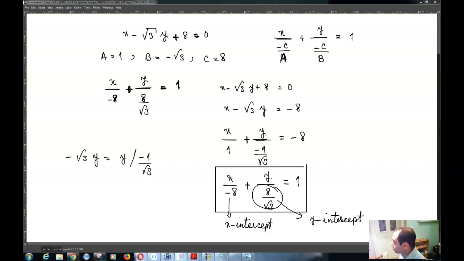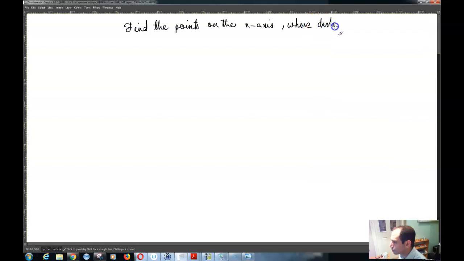Let me create a new layer here, 242, and the question is, find the points on the x-axis whose distances from the line x divided by 3 plus y divided by 4 is equal to 1 are 4 units.